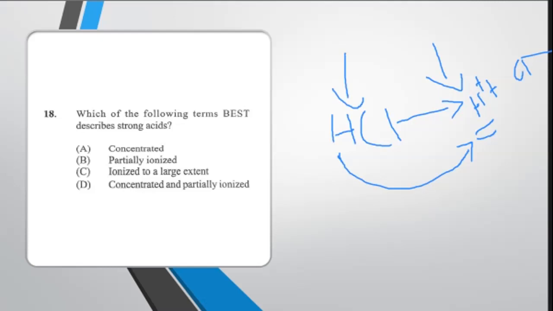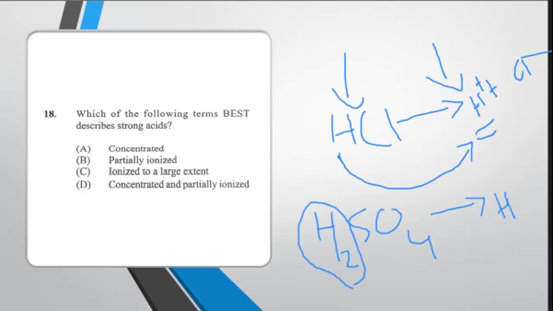So if I had something like H2SO4, and all the hydrogens are not able to become H plus ions, then I could be dealing with a weak acid. But with sulfuric acid, all the H plus ions completely separate. So sulfuric acid is another strong acid.